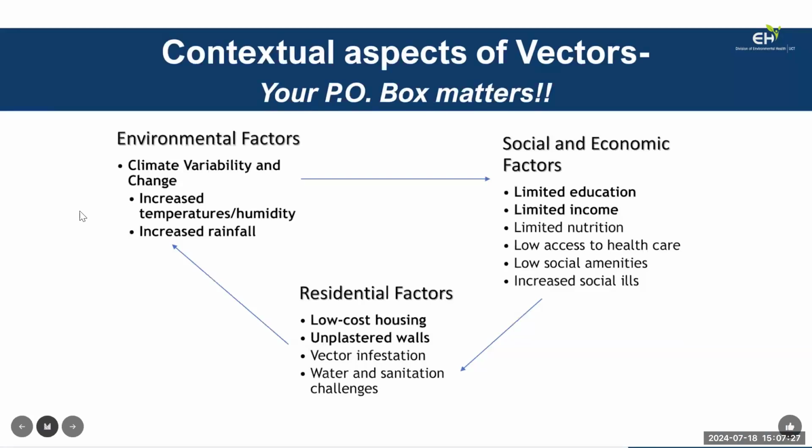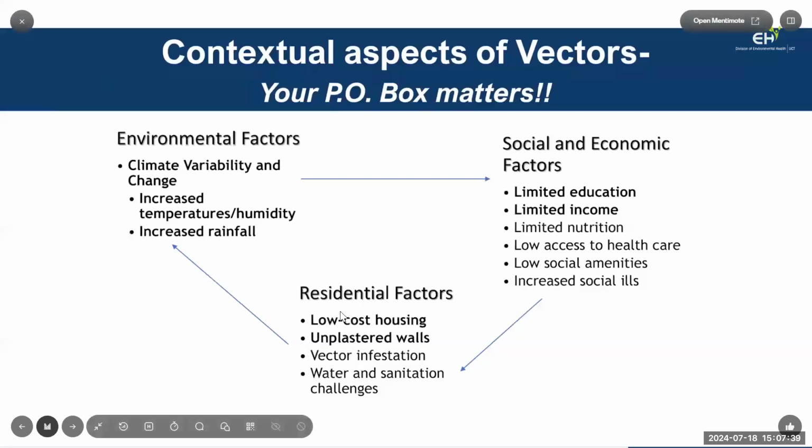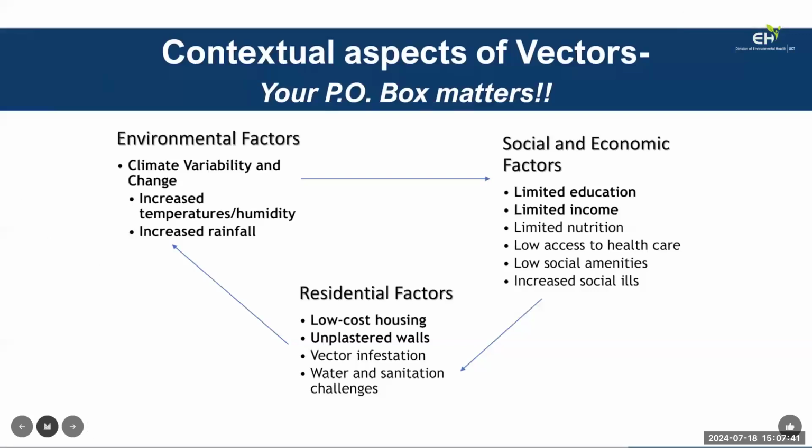And around the world, this is very similar: most places where you find vectors breeding are places of low socioeconomic status. So you have limited education, limited employment opportunities, limited nutrition as a result, low access to healthcare, social amenities, and increased social ills. So why are we talking about social ills?